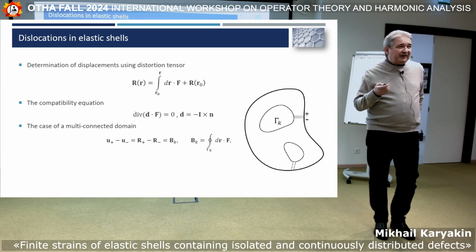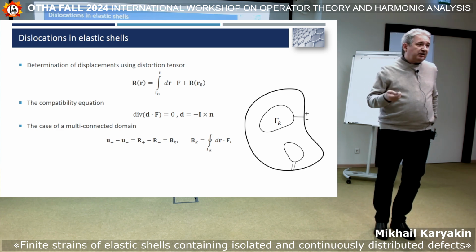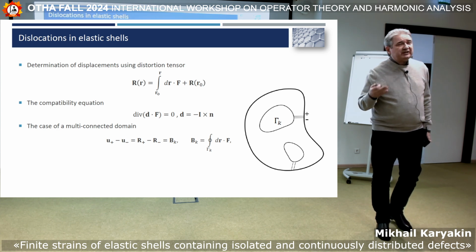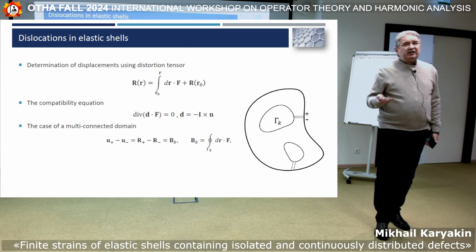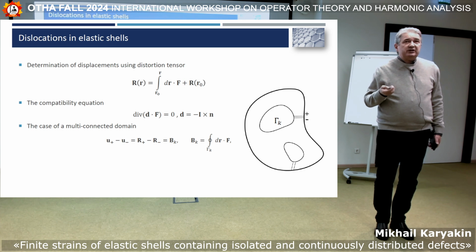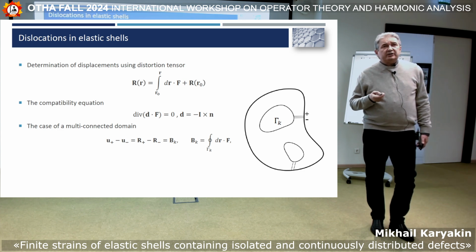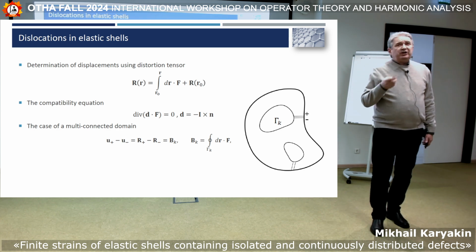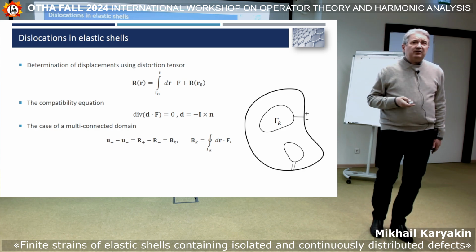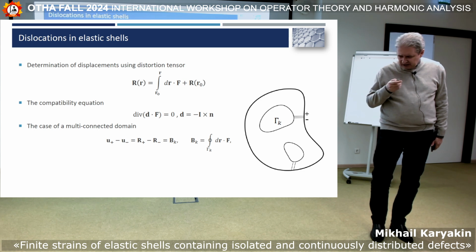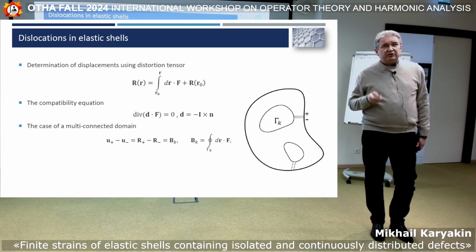Of course, as I said, if I know the radius vector, I can calculate the gradient and find the strain state. The inverse problem is: I know the strain state, I know F, and I want to calculate the radius vector. Of course, it's just a simple integration scheme, and the compatibility equation can give us the uniqueness of the determination of our capital function in a single connected region.